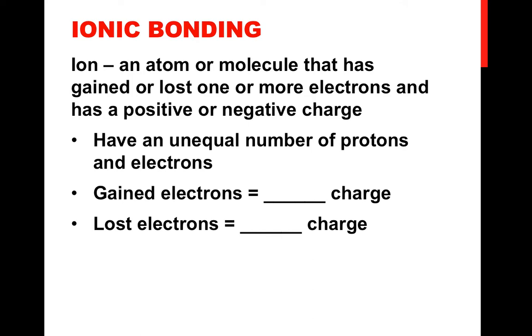If you gain negative electrons, what kind of charge will the ion have? It will have a negative charge because you gained negative things. If you lost electrons or lost negative things, then what would the charge be? And that charge would be positive.